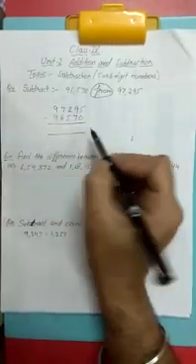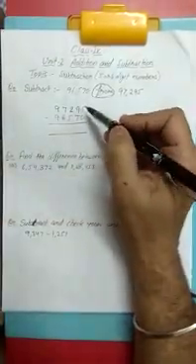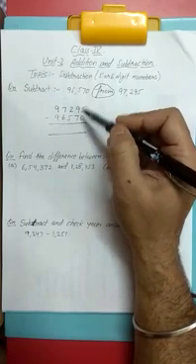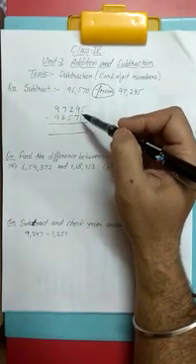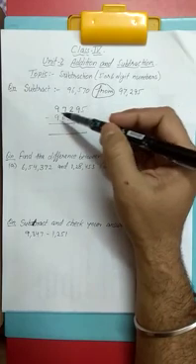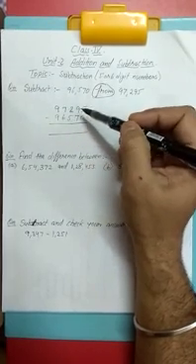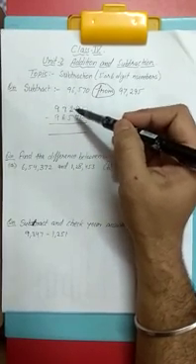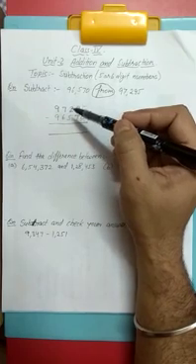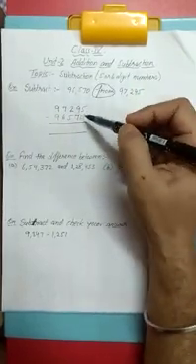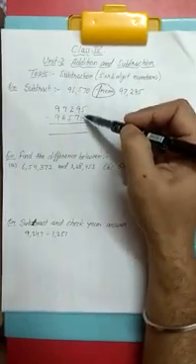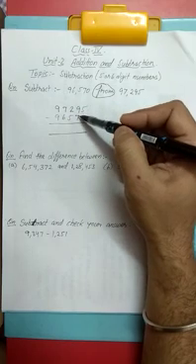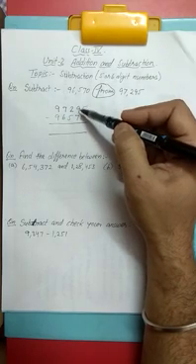Now you know that the upper digit should be greater than the lower digit in subtraction. So first of all, we will check whether all the digits are greater. If not, then we will make them greater by taking a borrow. So here 5 is greater than 0, it's fine. Now 9 is greater than 7, it is again fine.